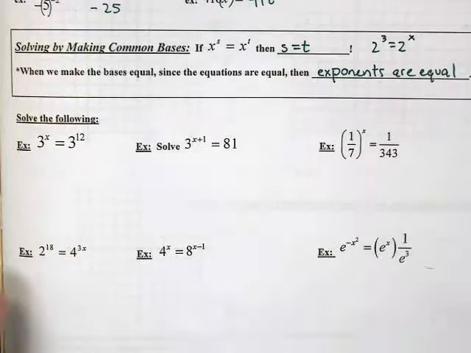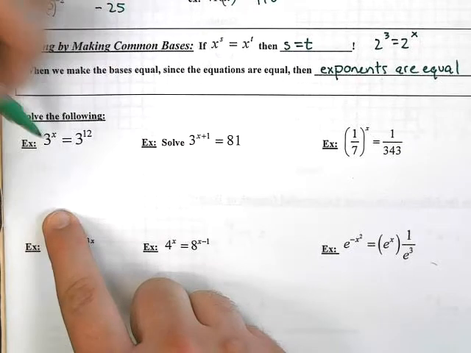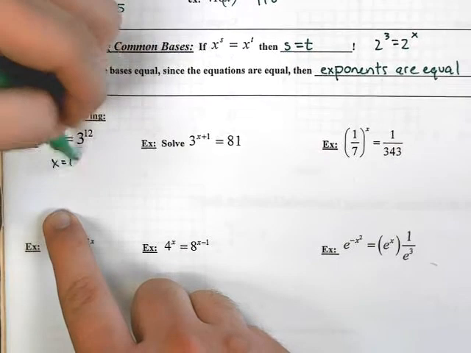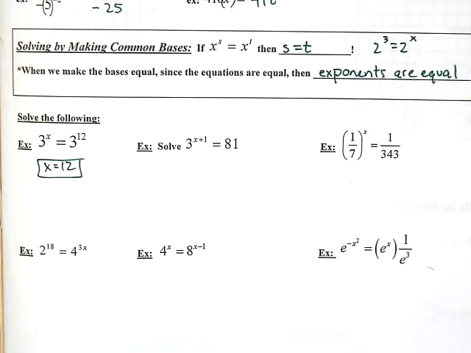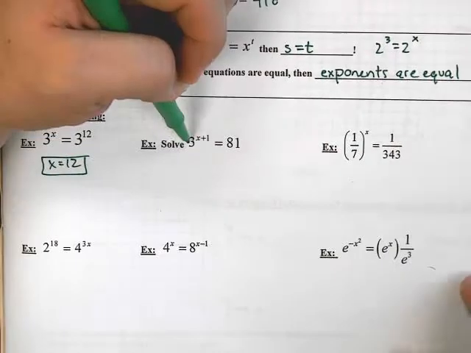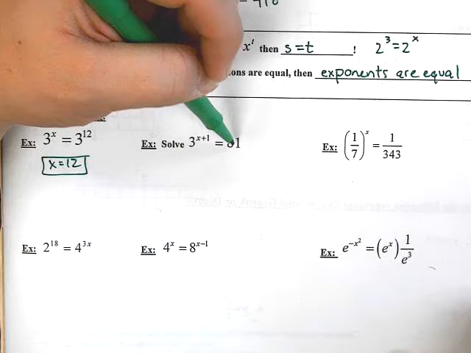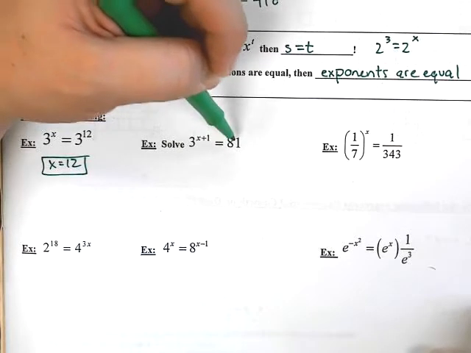All right, so let's jump into a couple of examples. The first one's nice and easy. Already have a common base, so I can already set the exponents equal. Boom, done. Easy. Next one, slightly harder. You need to probably practice some of your powers, all right? I see a 3, I see an 81. As a math teacher, I know that I can rewrite this 81 as a power of 3.